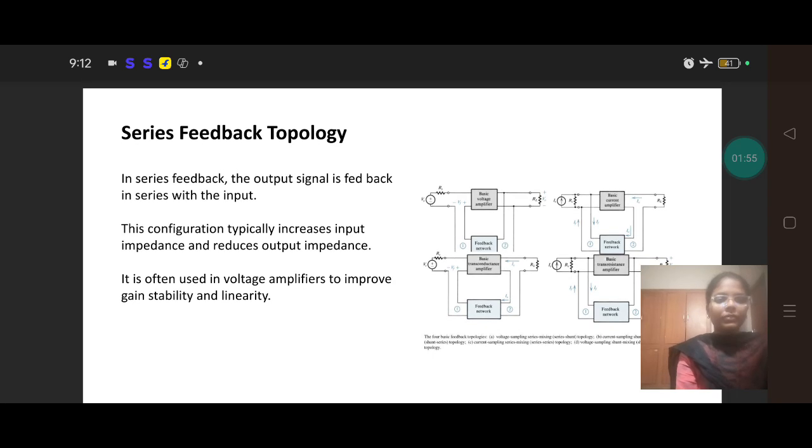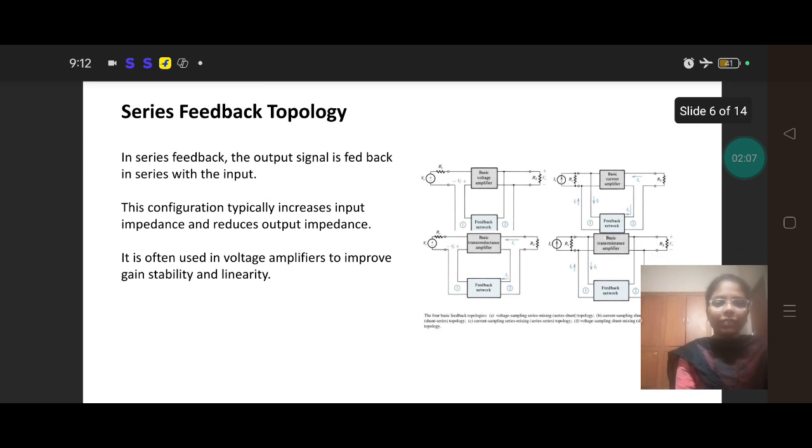In series feedback topology, the output signal is fed back in series into the input. This configuration typically increases input impedance and reduces output impedance. It is often used in voltage amplifiers to improve gain stability and linearity.